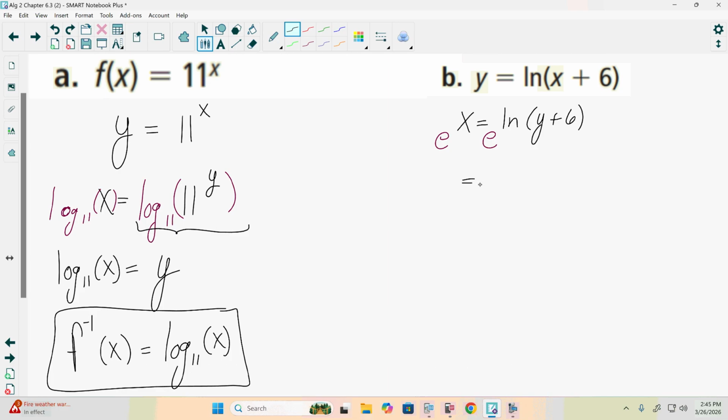Now, e to the natural log of y plus 6, the e and the natural log will simplify each other out, leaving us with what? And the left-hand side becomes?